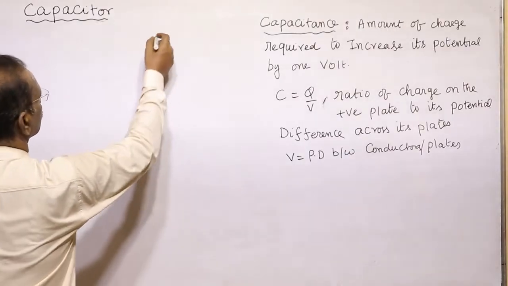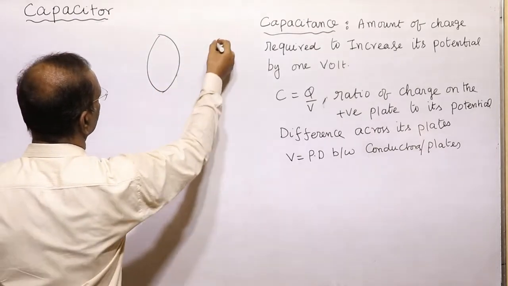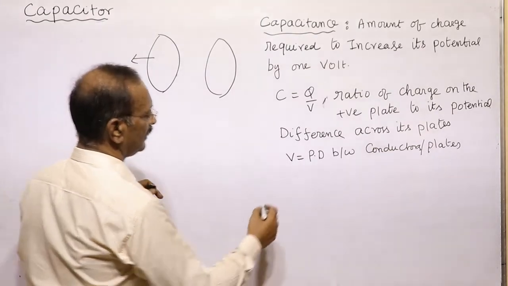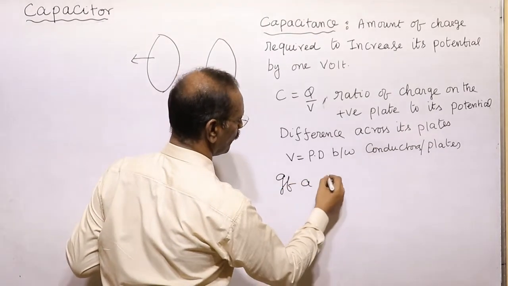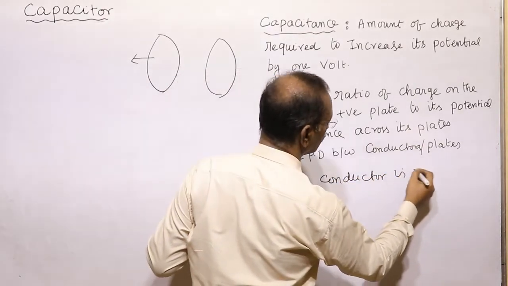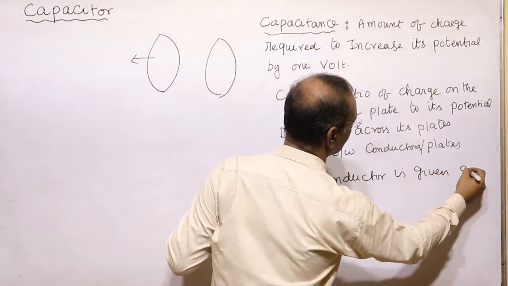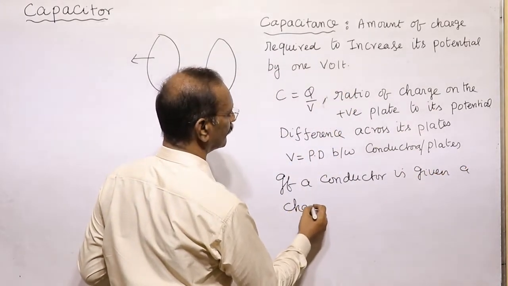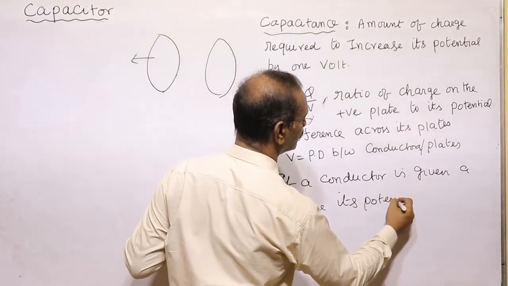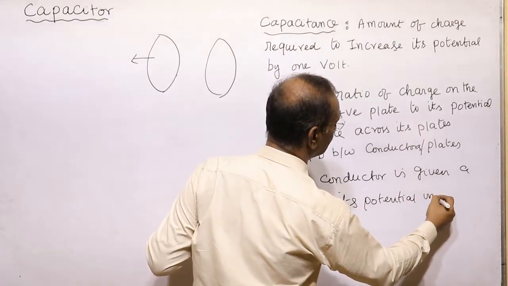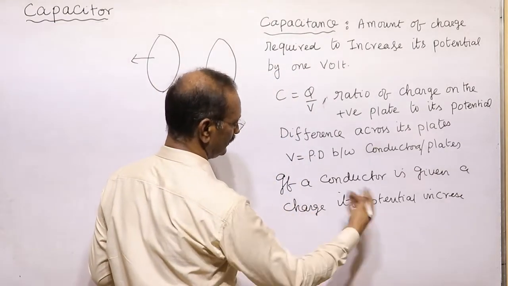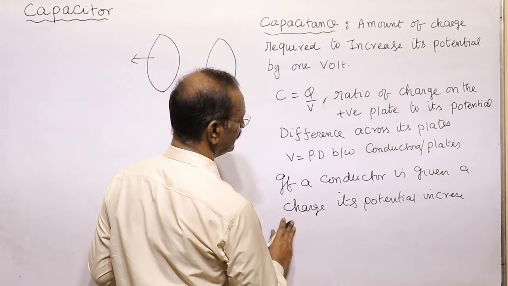Now this is a capacitor, two conductors separated by a small distance. If a conductor is given a charge, its potential increases, and on further charging it increases to a maximum value.